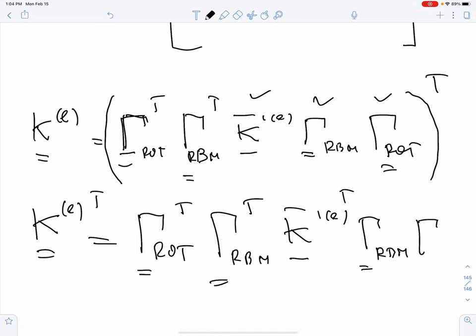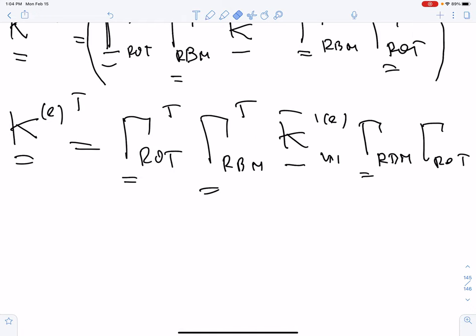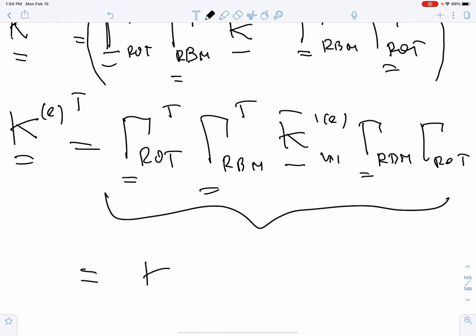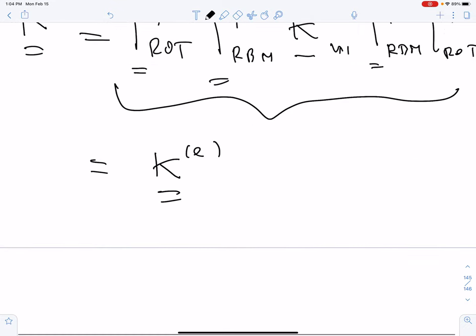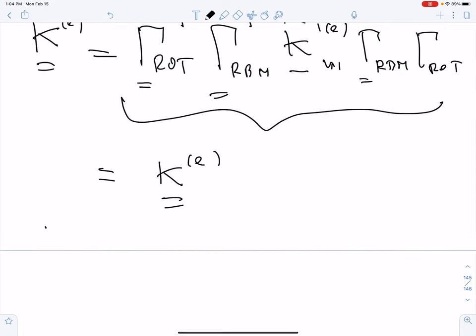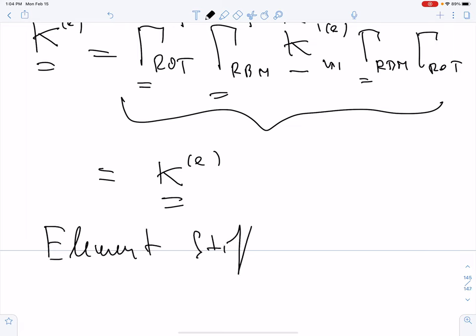Now this guy is 1 by 1, so its transpose is the same as itself. If you look at this expression here, you see exactly that it's KE. So the element stiffness matrix is symmetric.